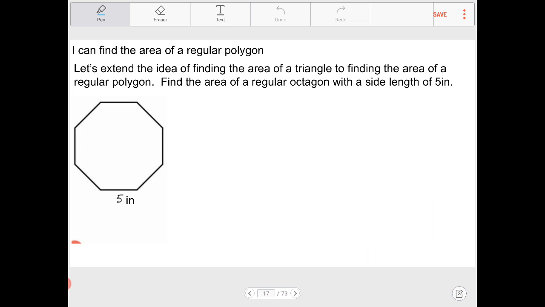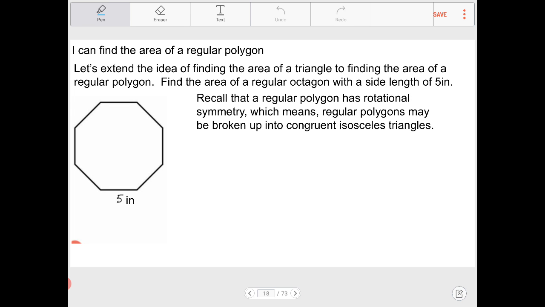Recall that a regular polygon has rotational symmetry, meaning that the regular polygon, when rotated, will land exactly on itself again.